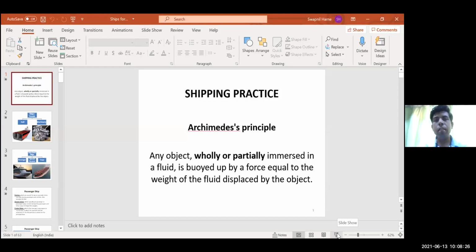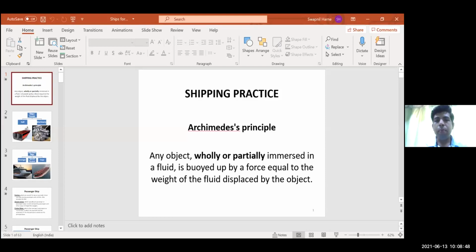And that particular term within our shipping industry is denoted by displacement. Remember this. In your book you will find various definitions, so you need to go through these definitions after our class gets finished.